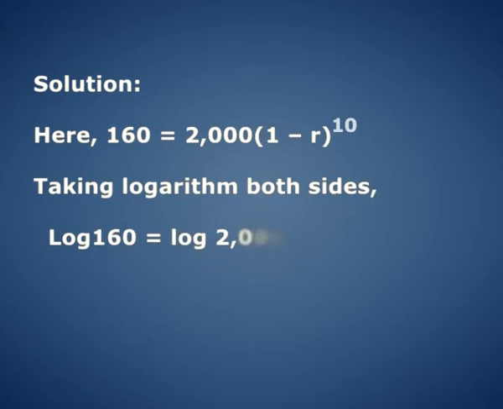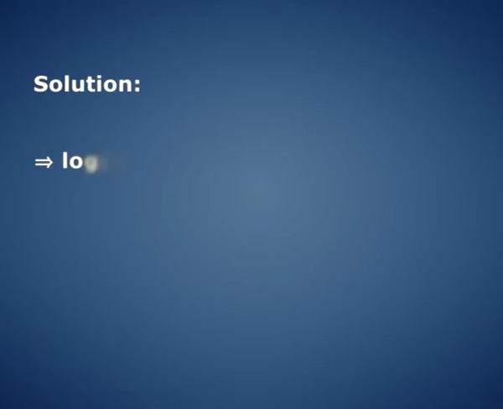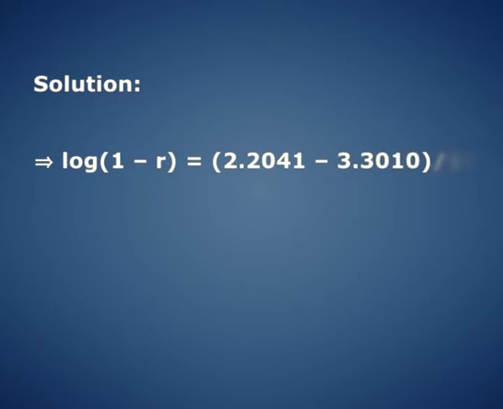Now taking logarithm on both sides, we get log of 160 is equal to log of 2000 plus 10 times log of (1 minus R). So that implies that 2.2041 is equal to 3.3010 plus 10 times log of (1 minus R). So that implies log of (1 minus R) is equal to (2.2041 minus 3.3010) divided by 10.